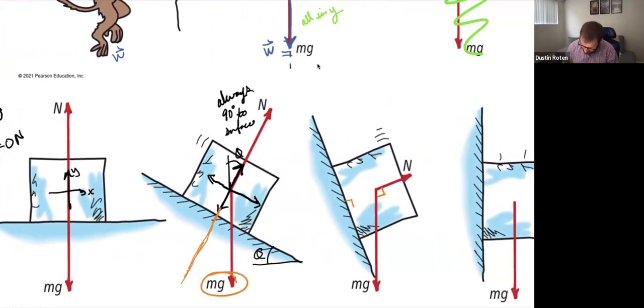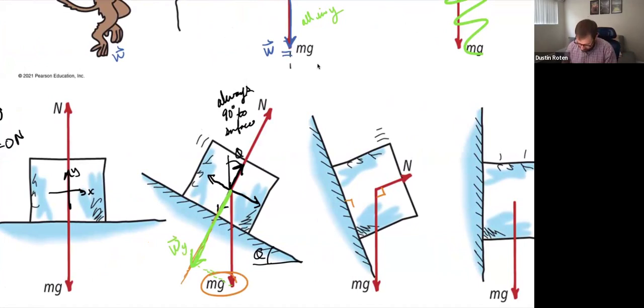So what we can do is connect this over to our y-axis and realize that, let's see, weight in the y direction. This green piece is canceling out the normal force, but look at what we have now.